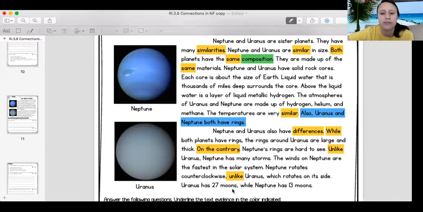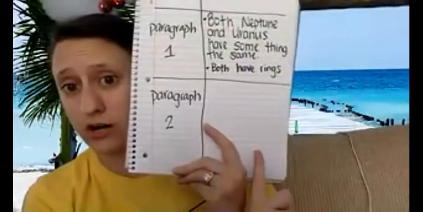Uranus has 27 moons, while Neptune has 13 moons. There's that while again. So it says one thing, and then it says, well, but this planet also has this. So, looking at this paragraph, okay, we're going to go back to our T-chart.